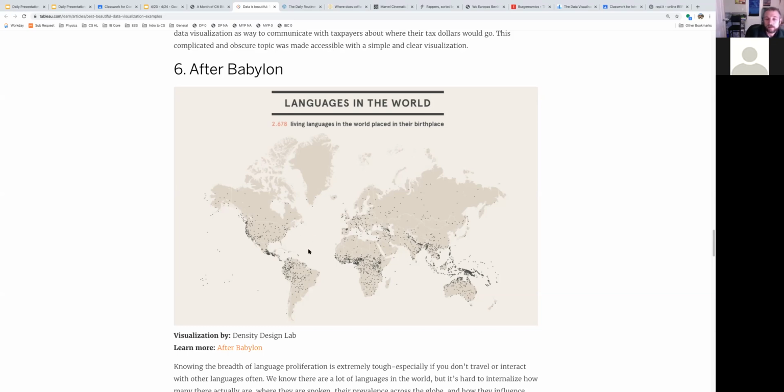And so we see that there's a high density, and I think this is the coolest part. The highest density of languages in the world, the languages that currently exist, are all centered around the equator, the tropics, right? With a little bit more profusion in the Pacific United States.